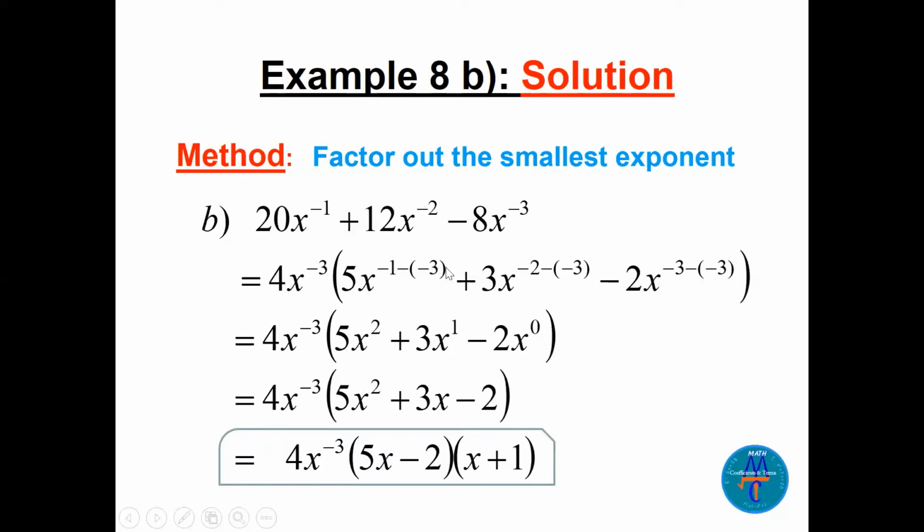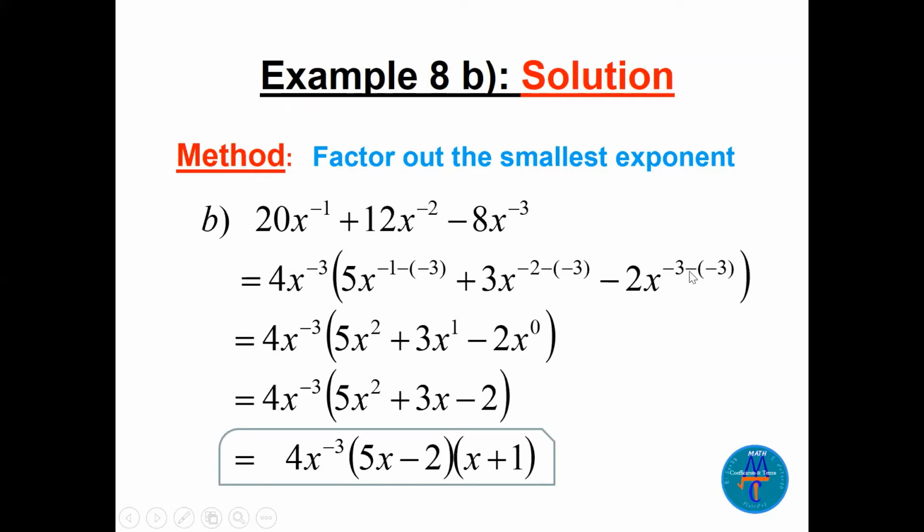Minus 2 minus the power outside, or the exponent. Minus 3 minus the power outside, because we can divide here to get the negative. Now, minus 1 plus 3 is 2 here, so I write x squared. Minus 2 plus 3 is 1, so this is x power 1, which is x.